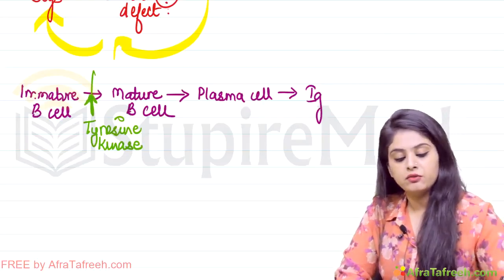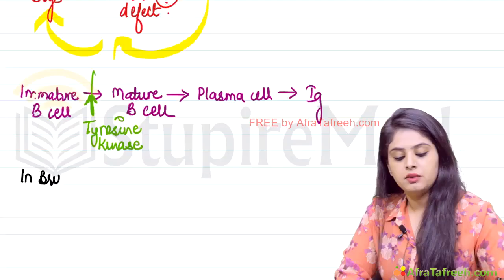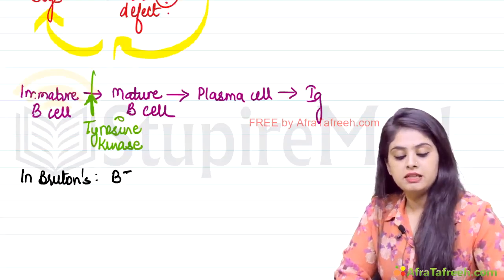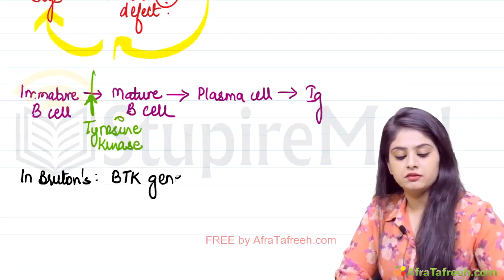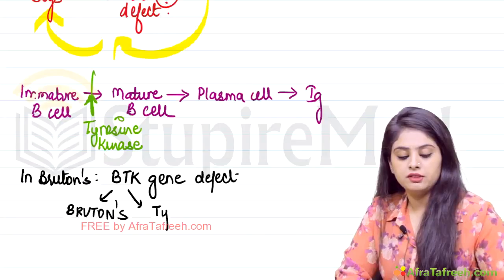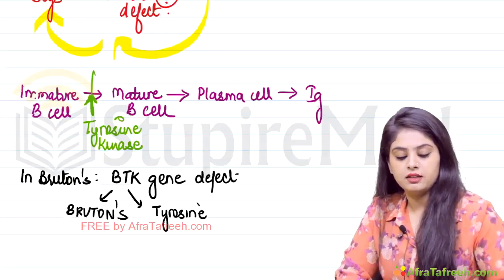But in patients of Bruton's, the BTK gene is defective. Means B for Bruton's, T for tyrosine, and K for kinase.